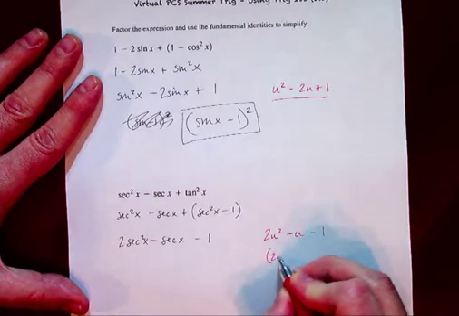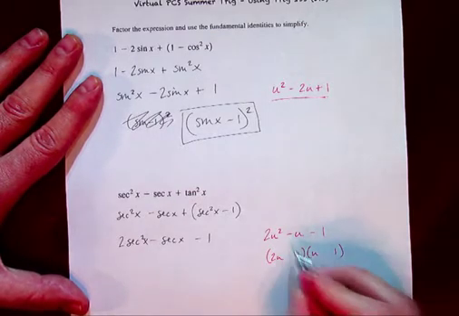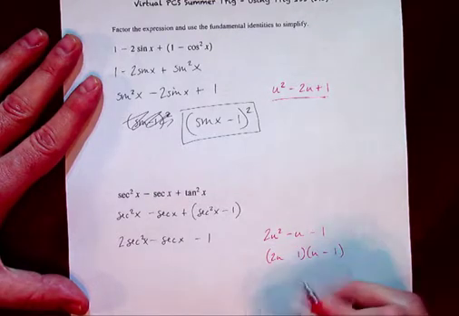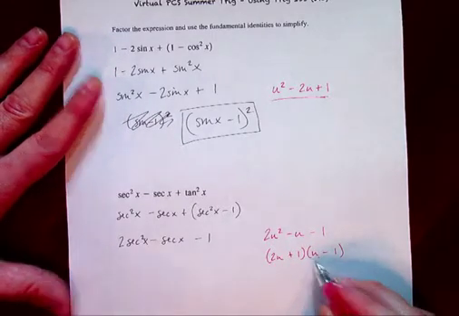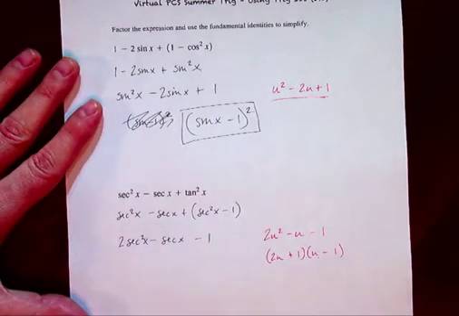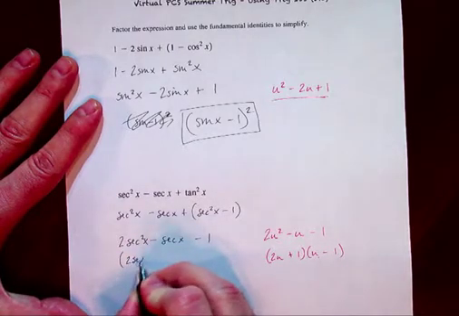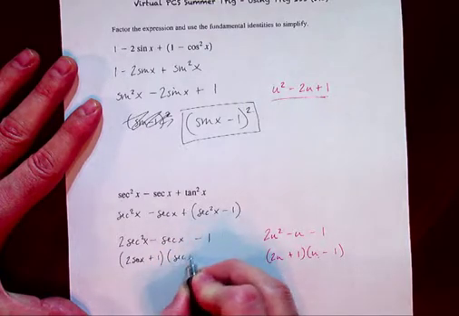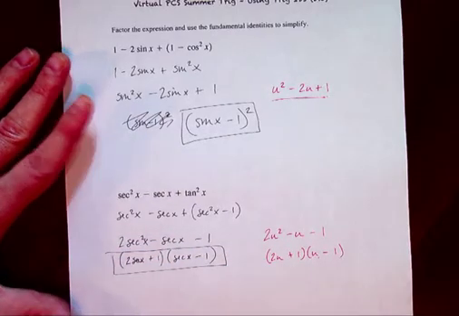You get 2u and 1 and u and 1, and you need this middle to be a -1, so the one that gets multiplied by the 2 is negative, and the one that gets multiplied by this other u is positive, and therefore this becomes 2 secant x plus 1, and secant x minus 1. And that is the factorization that we're looking for.